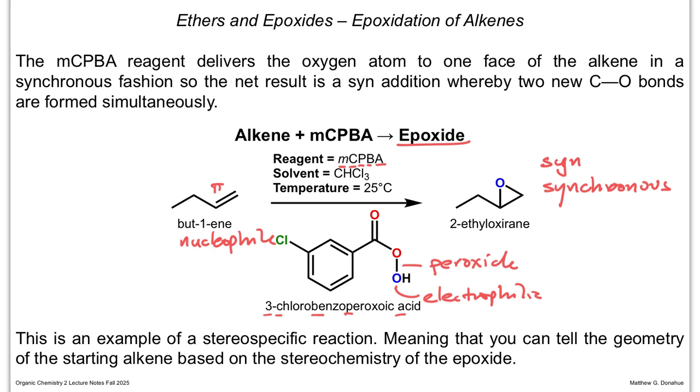So that's an easy way to make epoxides, meaning that anytime you see an epoxide, you can think backwards and say, okay, that carbon and that carbon can come from an alkene.